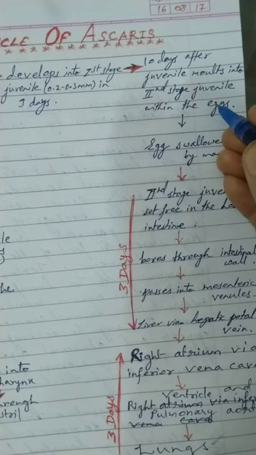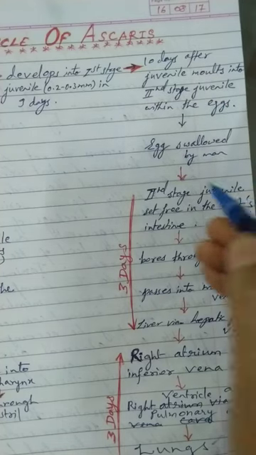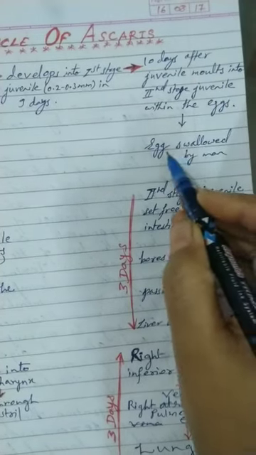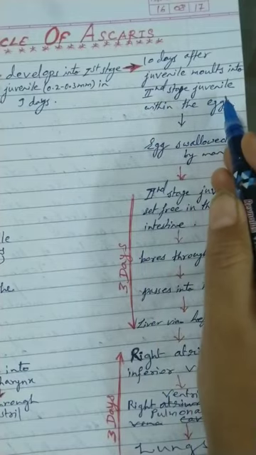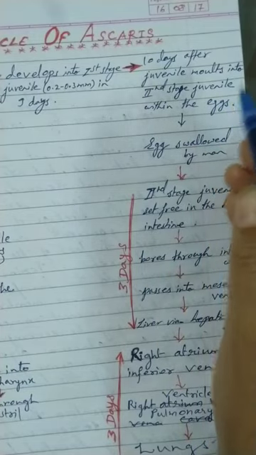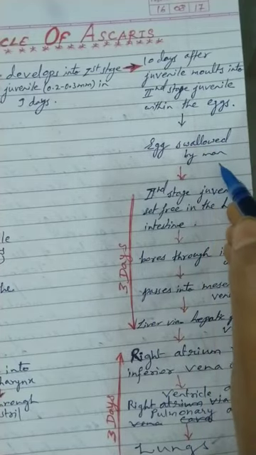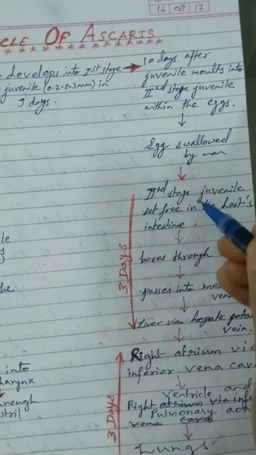Further development requires higher temperature, which is made available when the eggs are swallowed by warm-blooded vertebrates, that is man. Infection is direct. When the egg with the second stage juvenile is swallowed by man, further development will take place.